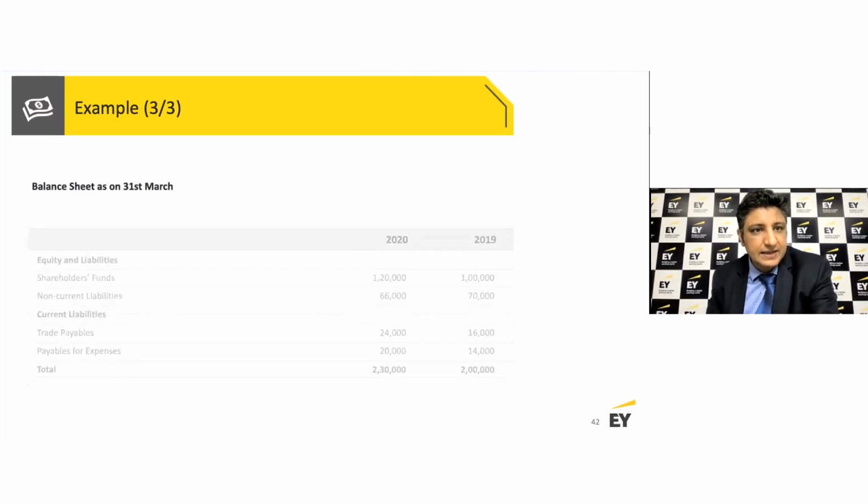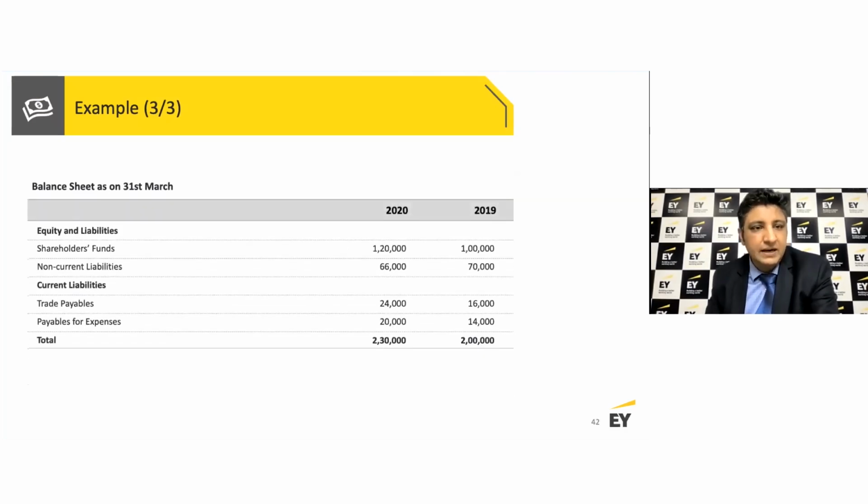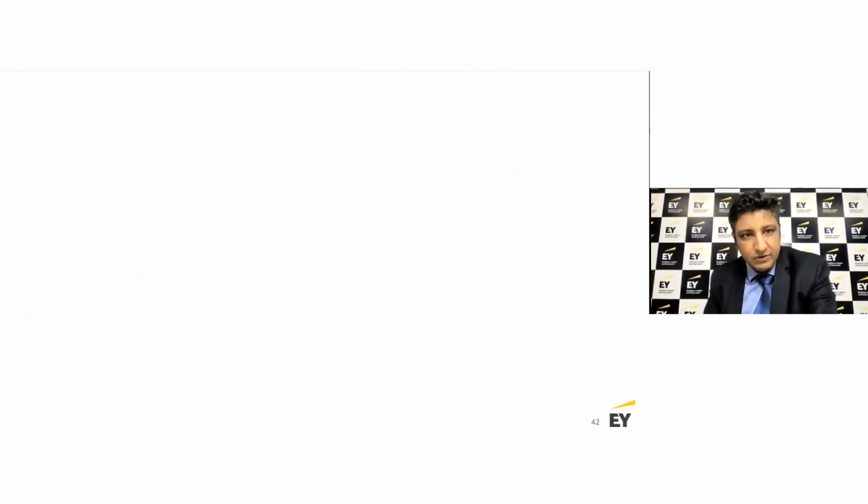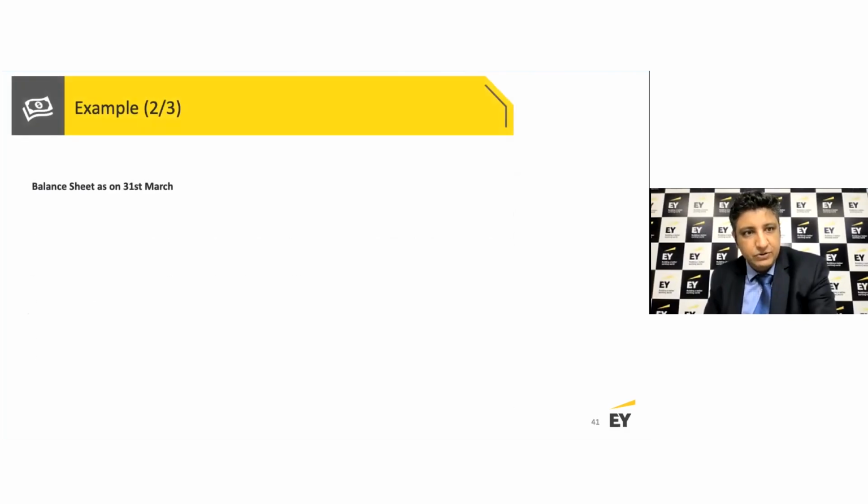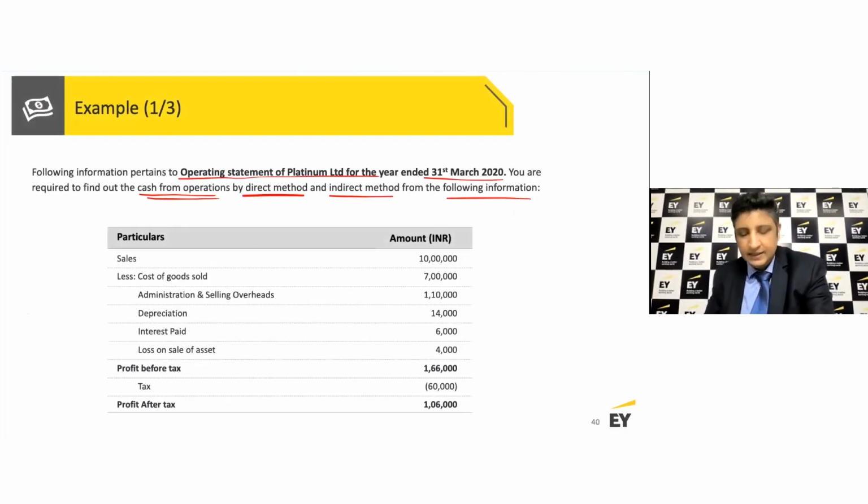And then it says that this is the continuation of that. Now, importantly, when I look at this entire information available to me, I know that there are sales, cost of goods sold, overheads, depreciation, interest, loss on sale, and then taxes.